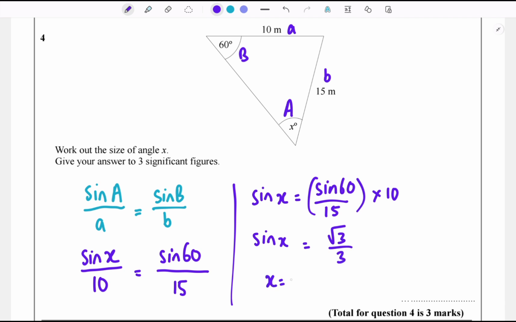And to find x, we just have to do the inverse function of sine. So click shift and then click sine on your calculator. Put in root 3 over 3. And to three significant figures, that gives us 35.3 degrees, since it's an angle, and that seems sensible with it being an acute angle. And that's the sine rule.